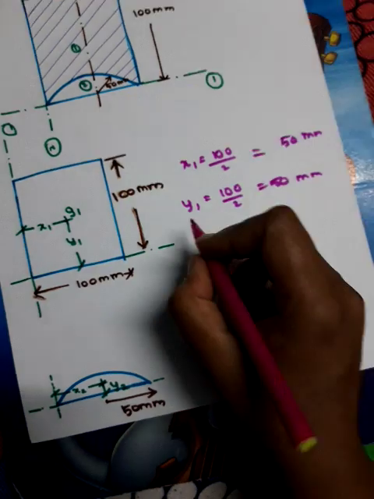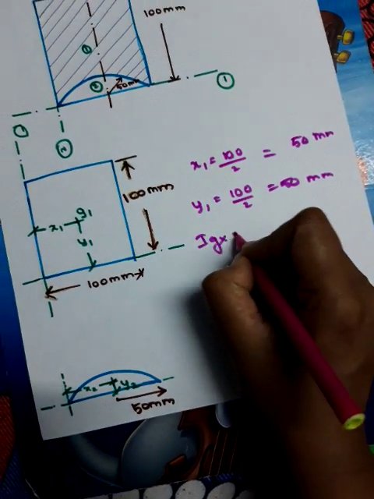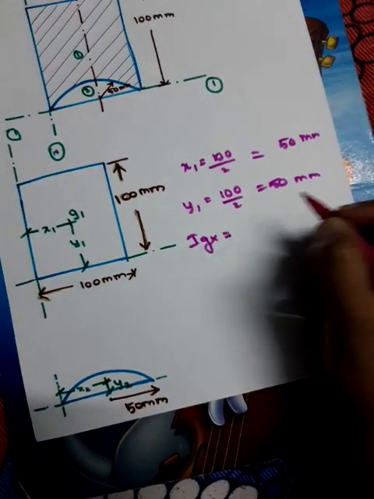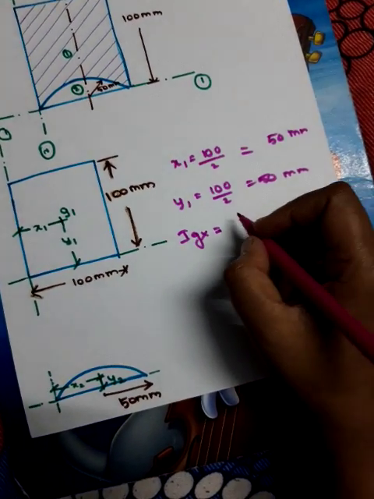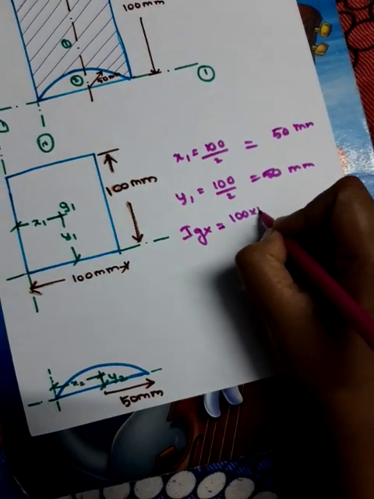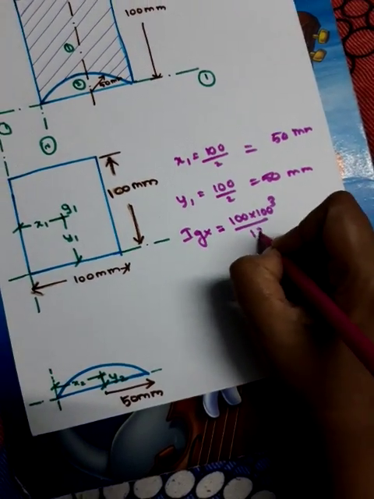Then one more thing you have to write: IGX is equal to BD cube divided by 12, and IGY is equal to DB cube divided by 12. This is the equation you are going to write.